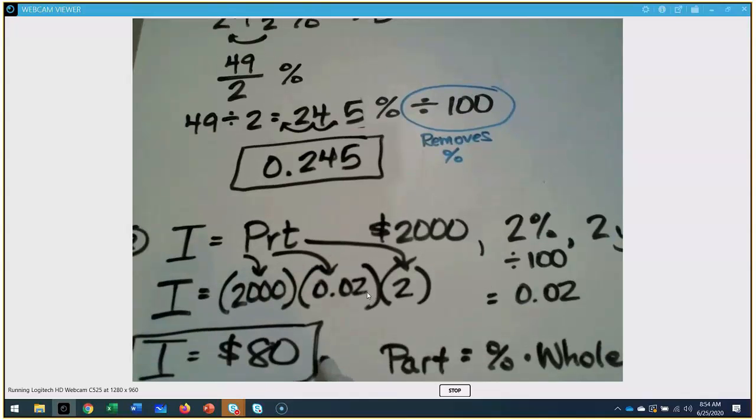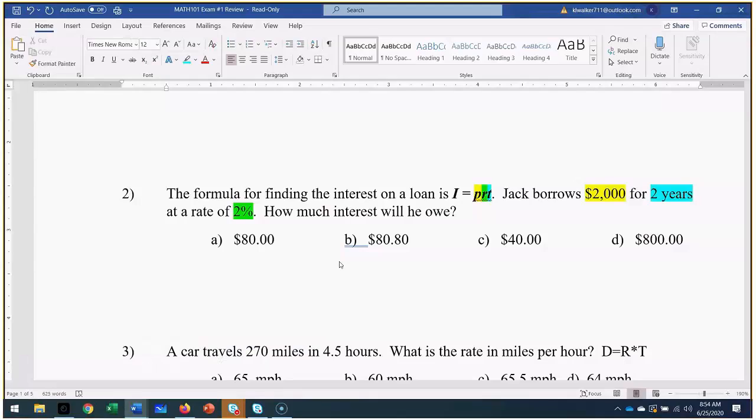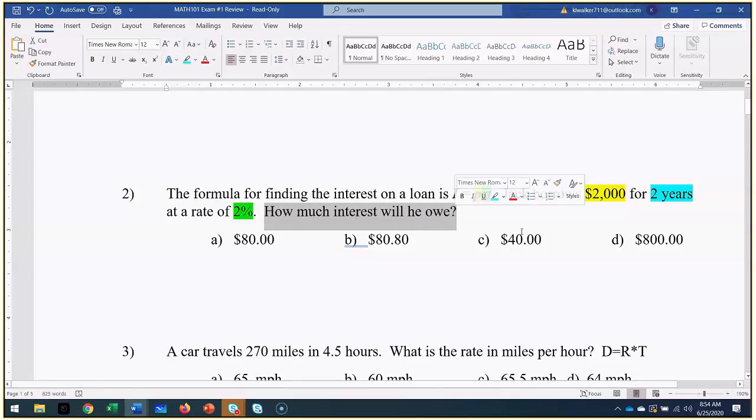So I want you to think about this for a second. Use critical thinking. Let me go back and show you what I'm looking at here. Do you think he should owe $8,000 in interest from a $2,000 loan? Would that make sense? Could that possibly be right?